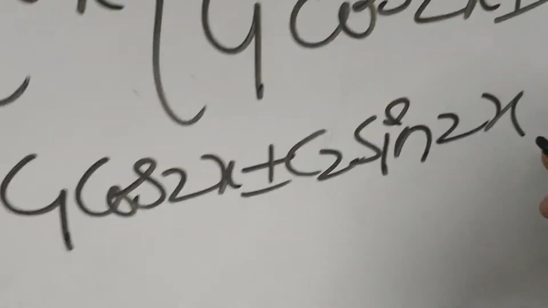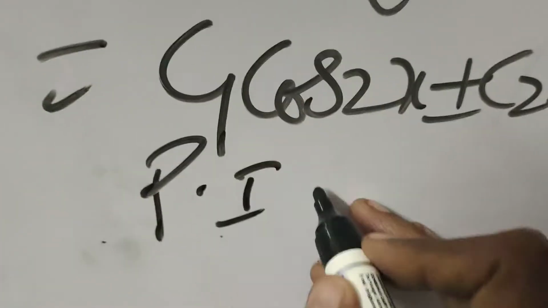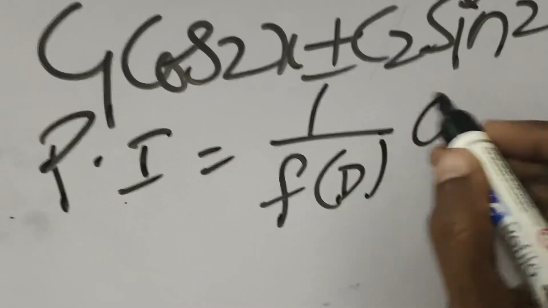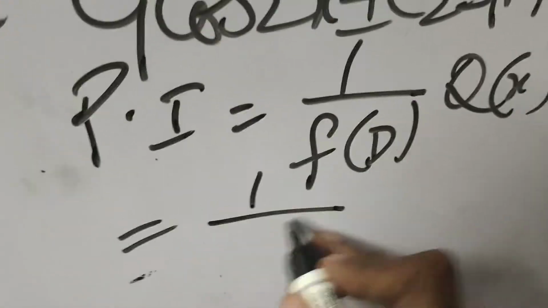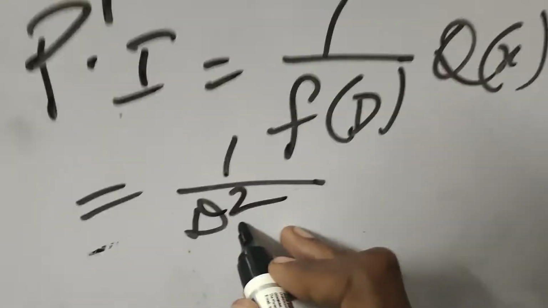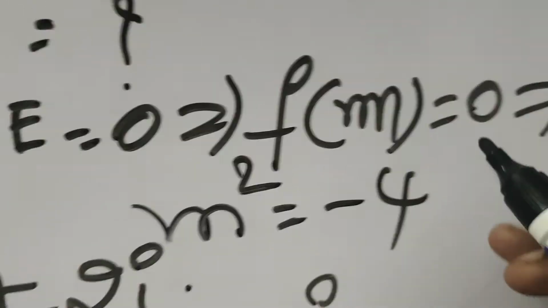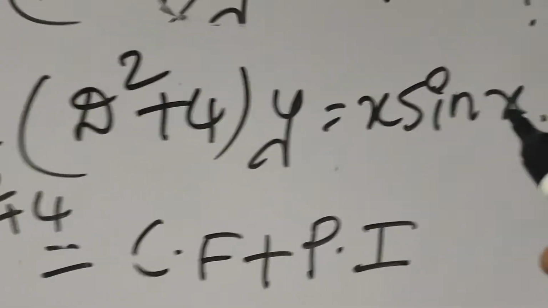Now find the particular integral PI. PI equals 1 by f(D) into Q(x). Here f(D) is D² + 4, and Q(x) is the given right-hand side, x sin x.